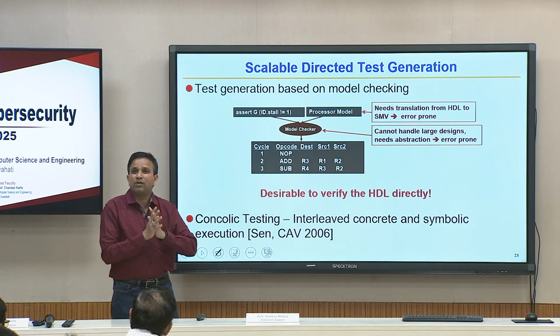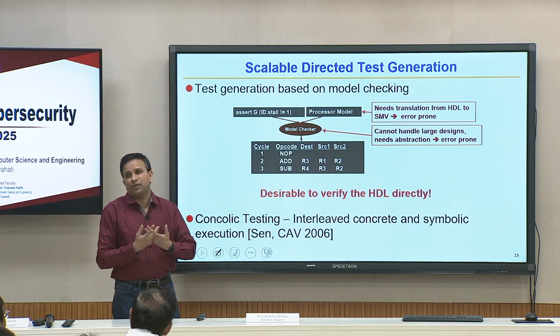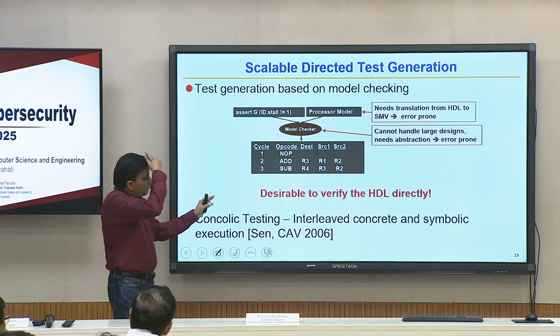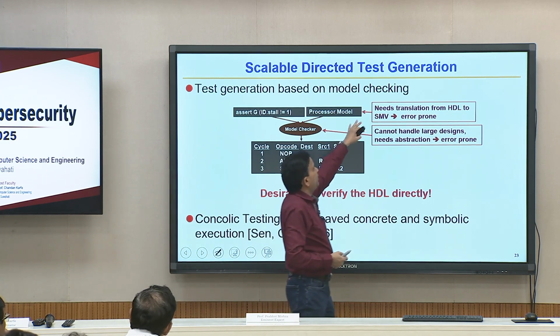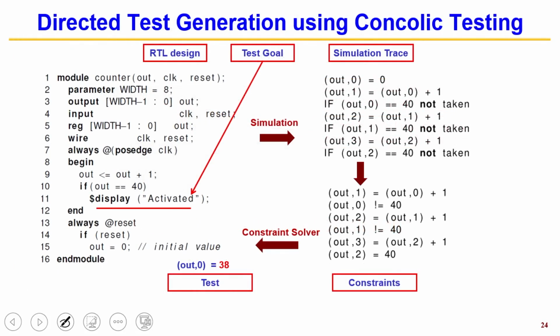Anytime you do a translation or abstraction, it can lead to a potential false positive or false negative. So that problem can be solved. That is what I meant by there being a need to avoid translation, which is error prone, and also the model checker cannot handle what we really want, which is concolic testing.